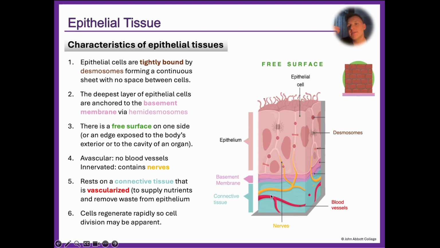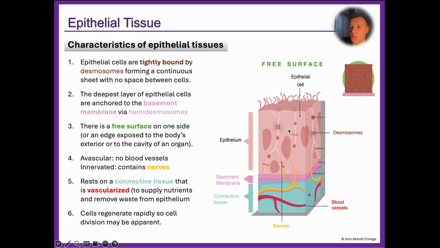Because remember I told you that all cells of the body need access to blood. If they do not have access to the stuff in the blood, then they will die, they will necrose, these cells will not survive, right? So over here, this connective tissue is essential because all the blood vessels are very close to the epithelium, and these blood vessels are able to transmit nutrients and oxygen up to these cells of the epithelium, and remove waste.